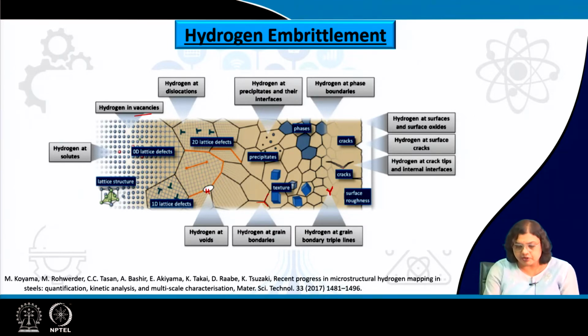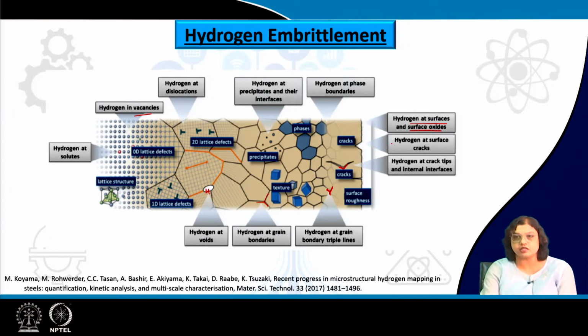Also, if there are some defects such as the presence of a crack, such places also, because of the stress concentration, are very much prone to absorb or accumulate the hydrogen, and that will lead to the onset of the hydrogen embrittlement process as such. Other than that, hydrogen can also be present at the surfaces as well as on the surface oxides.